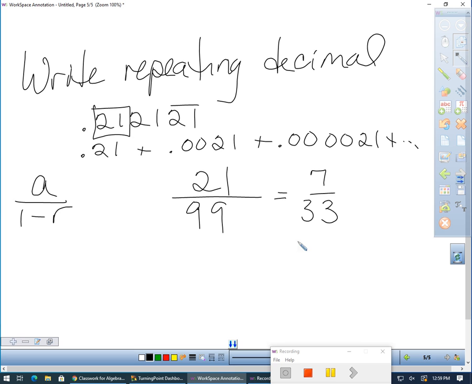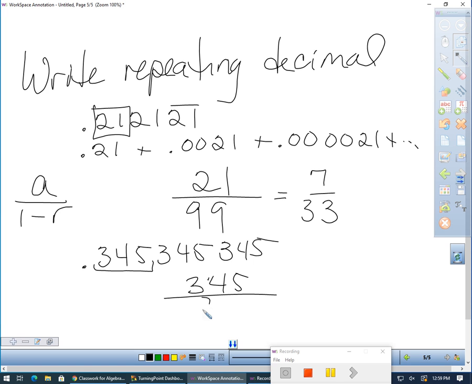So, what if I had 0.345? You'd take the numbers that are repeating, 345, and put it over that many 9s, 999. That's it.